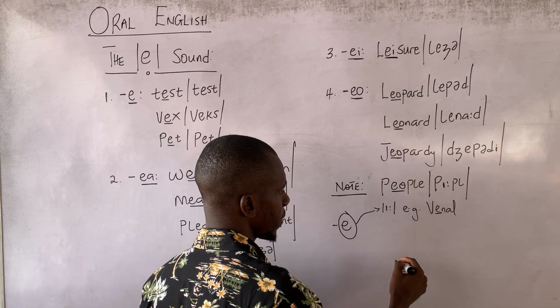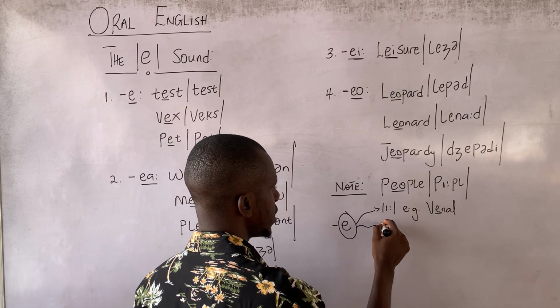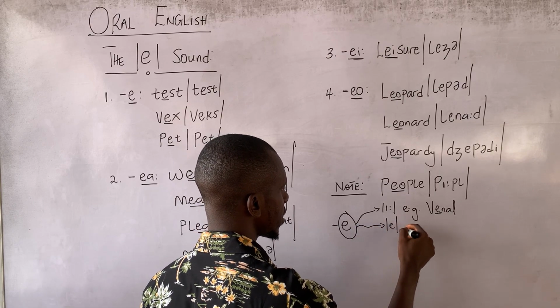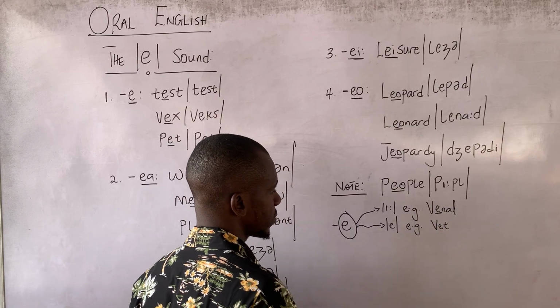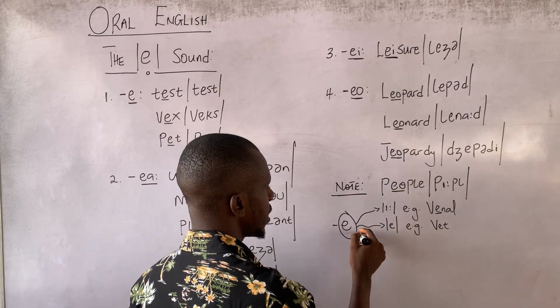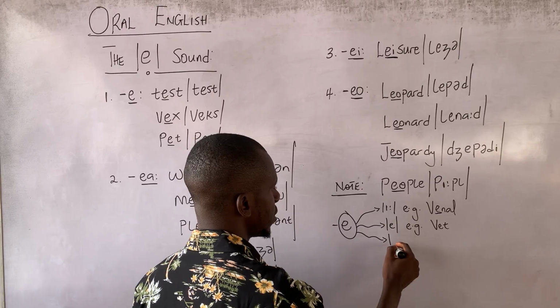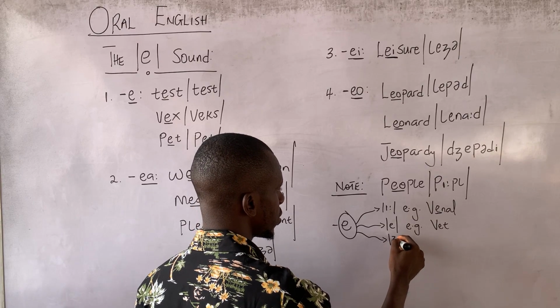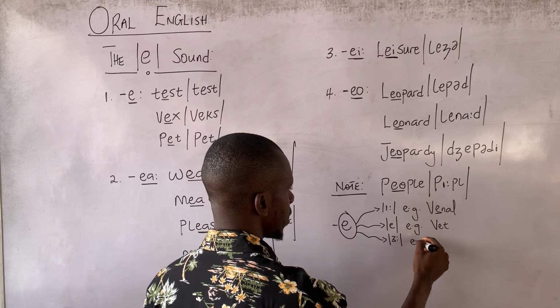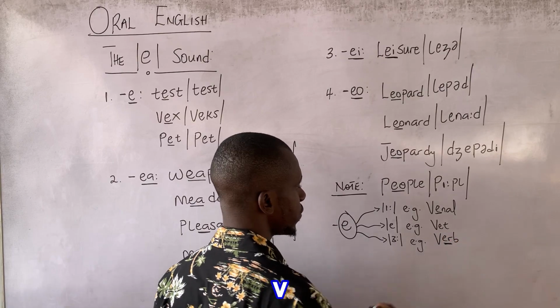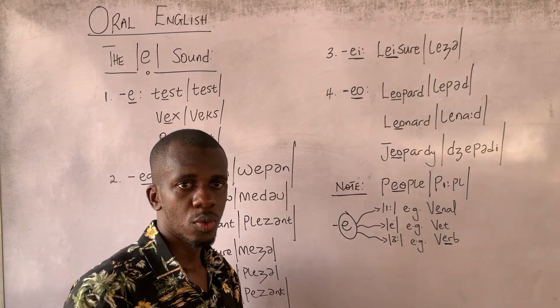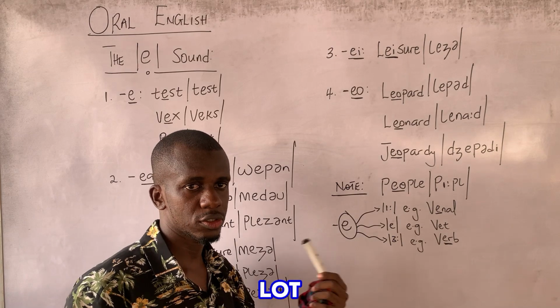The letter E again gives us the short E, as in the word vet. The letter E again will give us the long air, as in the word verb. Look at it, verb. One letter producing a lot of sounds.